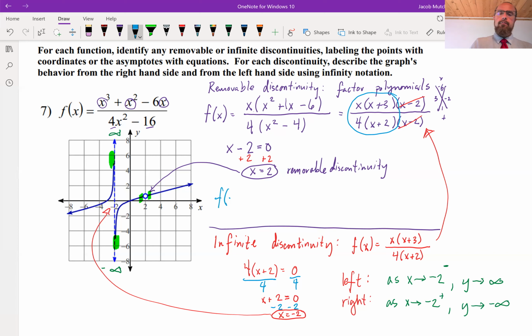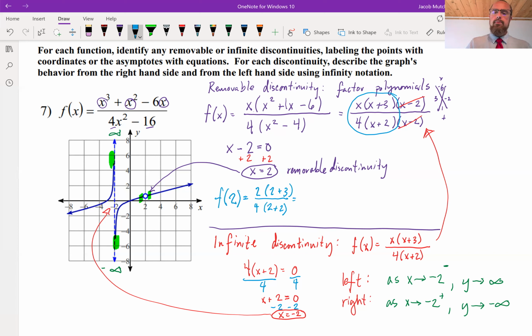So f of 2 is going to be 2 times 2 plus 3. Notice I'm not including that x minus 2 factor. That's what would make it undefined. But I'm using the factors that are left, over 4 times, in parentheses, x plus 2. I'll replace x with 2, and I need to simplify. So 2 times 2 plus 3 is 5.